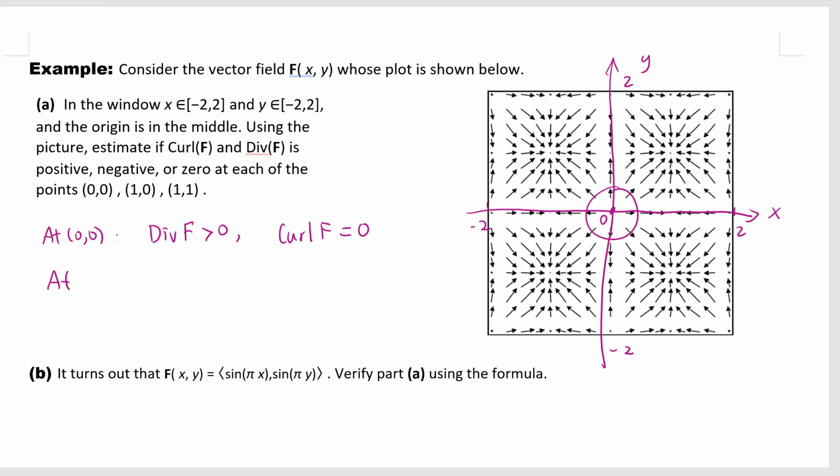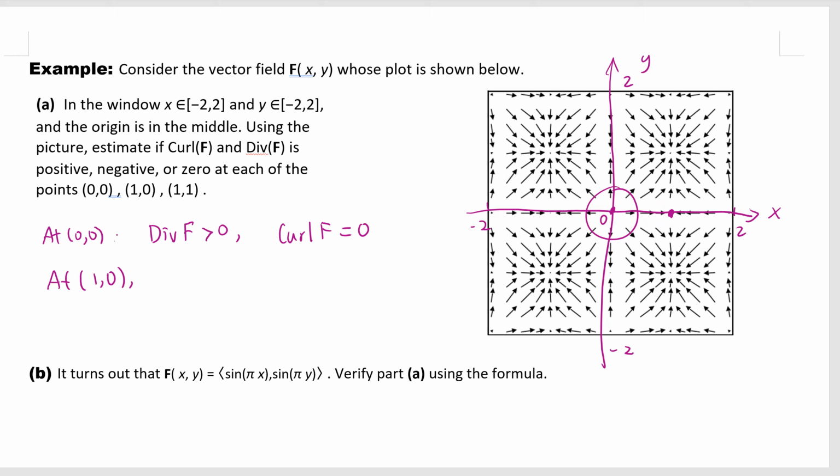Alright, let's look at the next point, at the point 1, 0. Where's 1, 0? Oh, here. What can you see? Do you see this arrow going in, but this arrow going out? We have some arrows going in and some arrows going out.